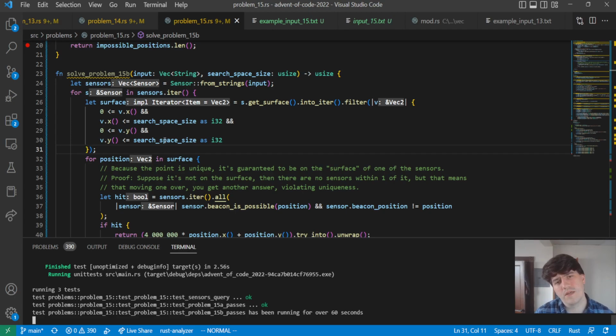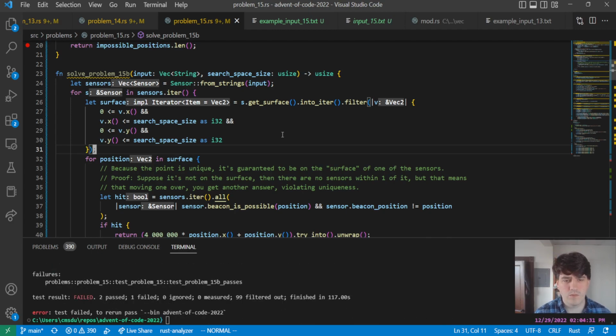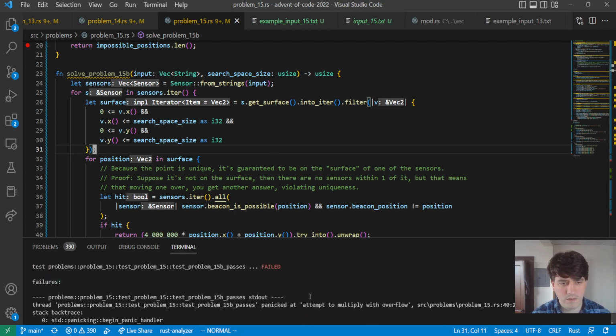One way would be to do this filter up front. Certainly would speed things up. Oh, okay. So it took a little over a minute and then failed.